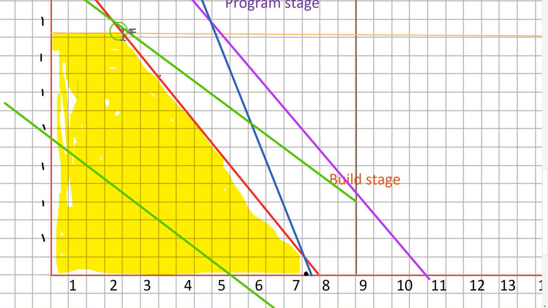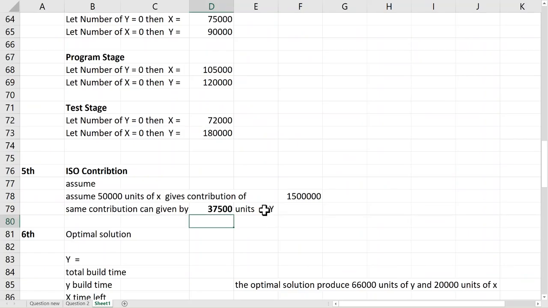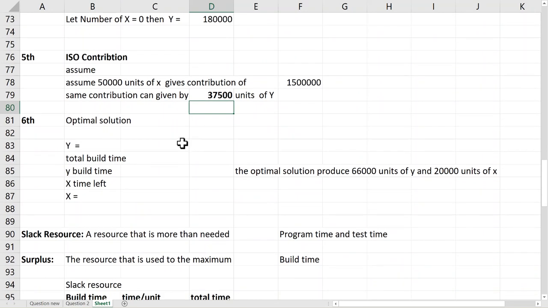If you focus on this corner and drag it to the bottom, it becomes 20,000 units of X. If you are doing it with a graph, you can just point it out, or otherwise we can calculate it using an equation.